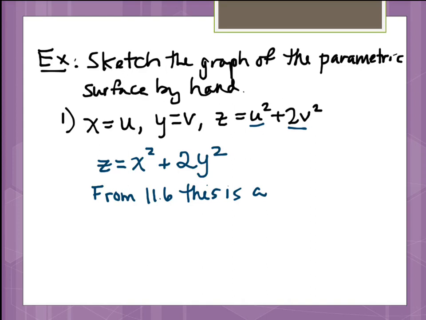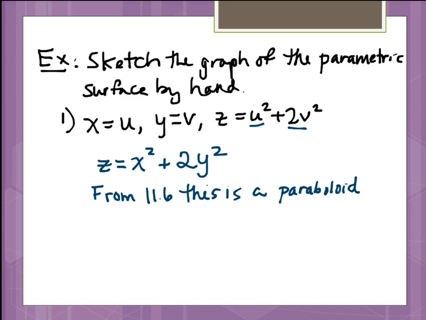We've hit on everything it's not. This is a paraboloid. So if you take a look at this, if you ignore either the x or the y, I don't care which one you want to ignore for a moment, you would have z equals the square of the other one, which would give you a parabola shape. So if we ignored one of those squared variables on the right-hand side, you would get a parabola. So you're getting a parabola around the z-axis, both in respect to the x value and in respect to the y value.